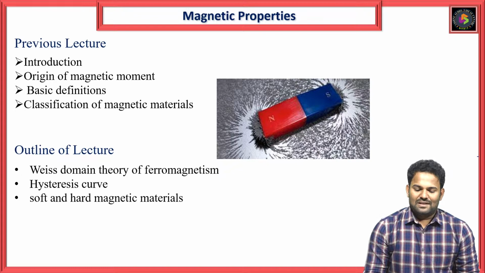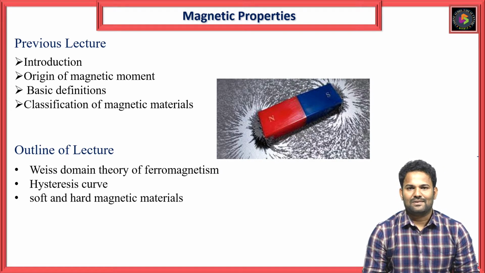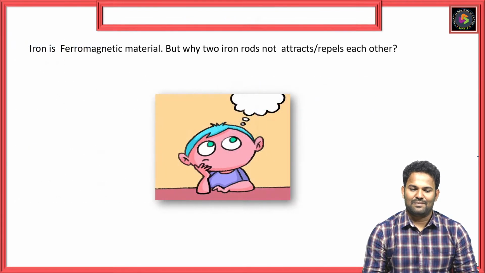In the previous class we completed the domain theory of ferromagnetic materials. In that family we learned about ferri, antiferri, and ferrites, what the types are and how the properties influence several applications. So, the Weiss domain theory of ferromagnetism.